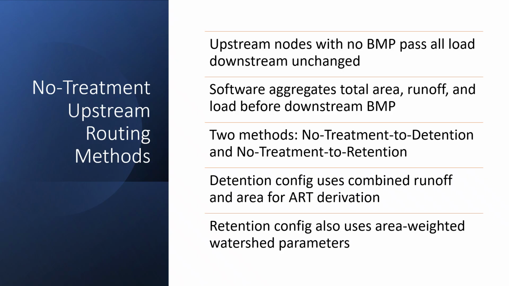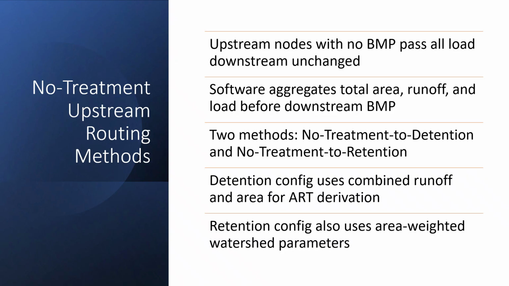For the no treatment to detention pathway, the downstream BMP is configured using this combined runoff volume and total area, and the calculate method derives an average residence time-based efficiency for the aggregated system. For the no treatment to retention pathway, the process goes a step further. Because retention efficiency depends on watershed hydrology rather than just volume alone, the configuration also incorporates area-weighted watershed parameters.